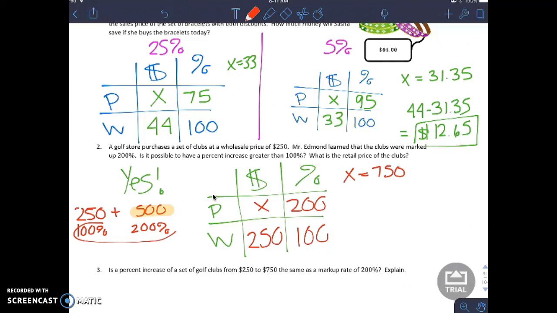Altogether, that is going to give us the 200% markup. So the 750 is actually equal to 300% of the original because you have the 100% original plus the 200% markup. So that's going to be our answer here, $750. Very expensive. The golf company is making a huge profit there.